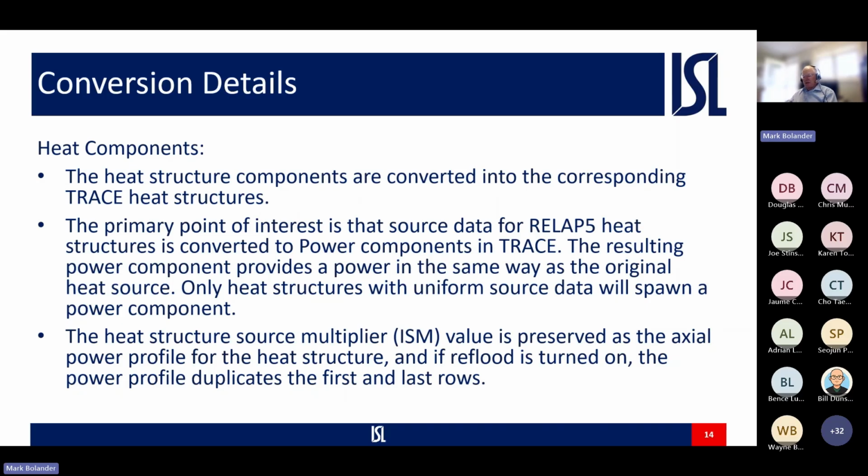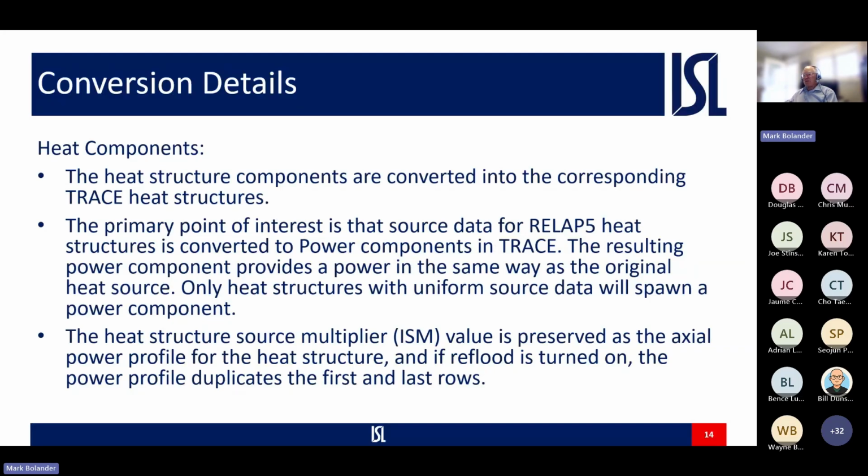So that's on the 700 cards in the RELAP5 heat structure, which provides the power to the RELAP5 component, and that is converted to power components. The resulting power component provides power in the same way as the original heat source. Only heat structures with uniform source data will spawn a power component. So you need to be wary of that.